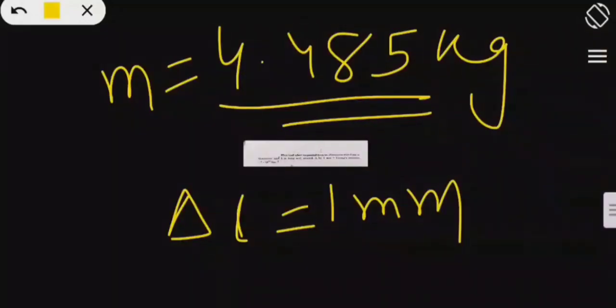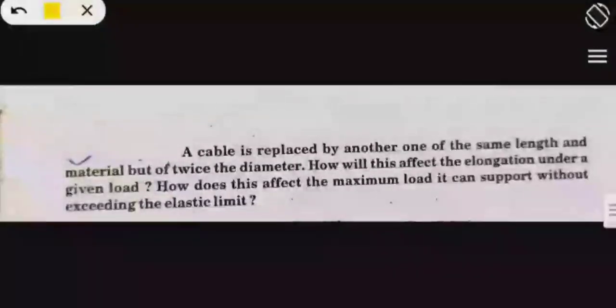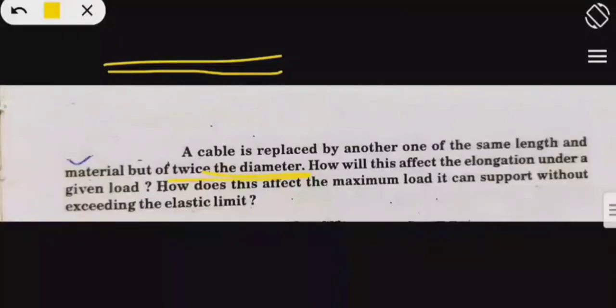Now moving on to the next question. A cable is replaced by another one of the same length and material, but twice the diameter. One cable is there, and it is replaced by another one of the same length but a different diameter.